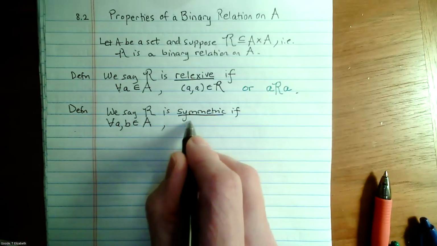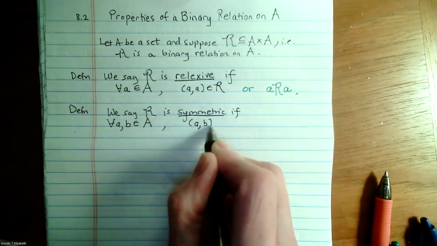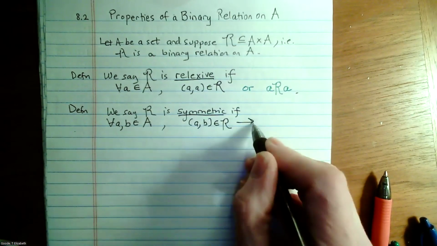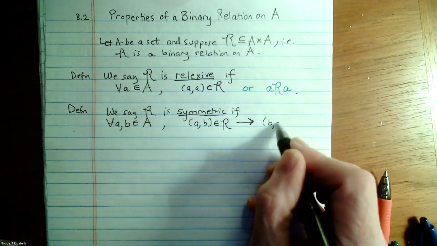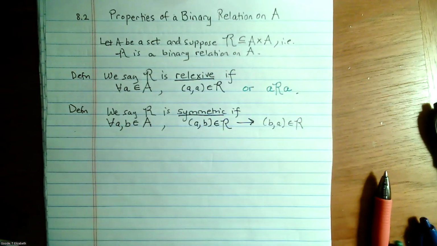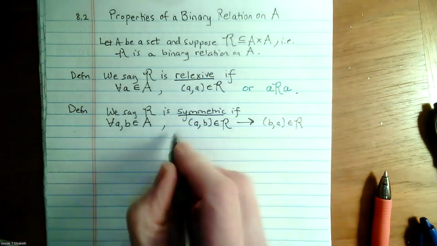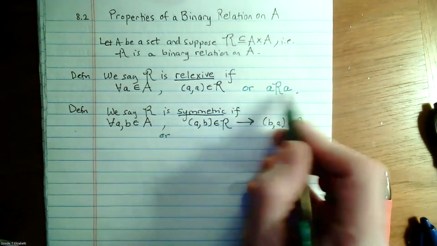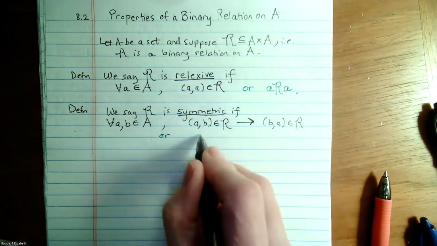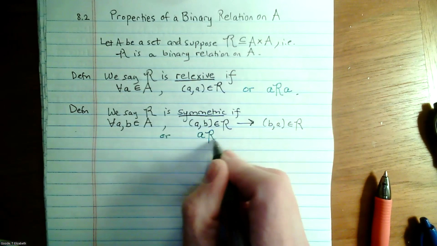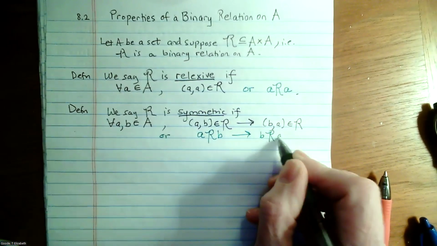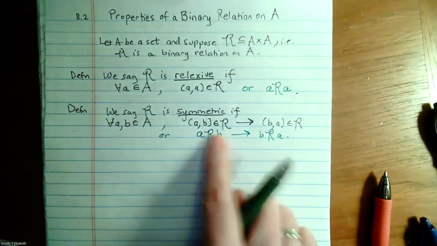It goes like this: (a, b) being an element of curly R implies that (b, a) is an element of curly R. Or if we want to write it using our relation symbol in between the elements, which is a really nice way to write it, a related to b implies that little b is related to little a. You can see why we like this notation.